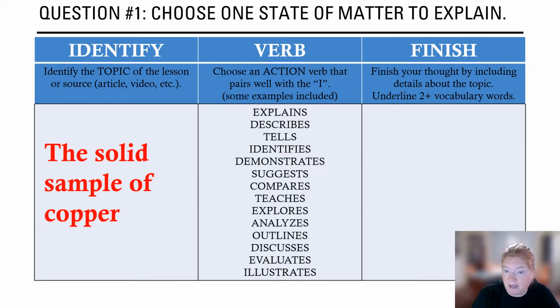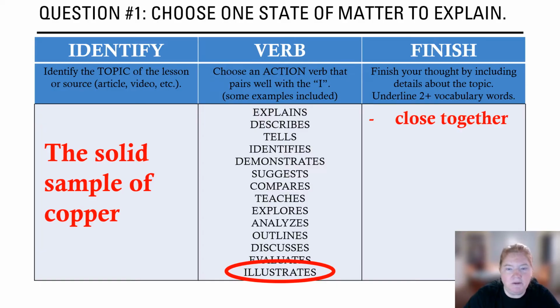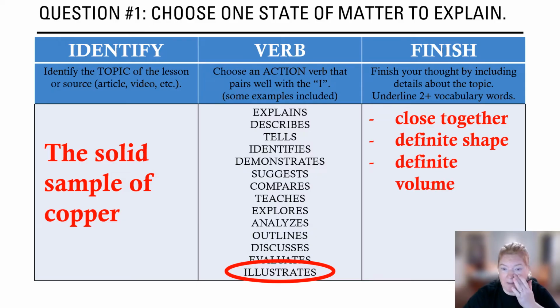So I identified what I'm going to talk about, the solid sample of copper. I chose the verb illustrates for this one. And then I'm just going to write my ideas. How could I finish it? What am I going to talk about? I'm going to talk about that particles are close together. I'm going to talk about definite shape. I'm going to talk about definite volume.